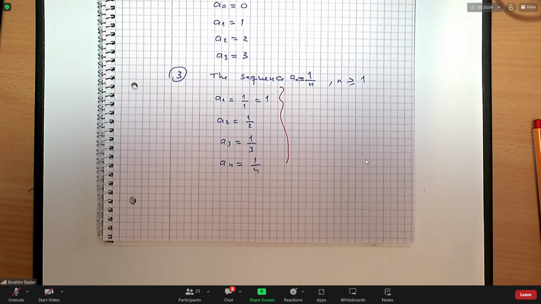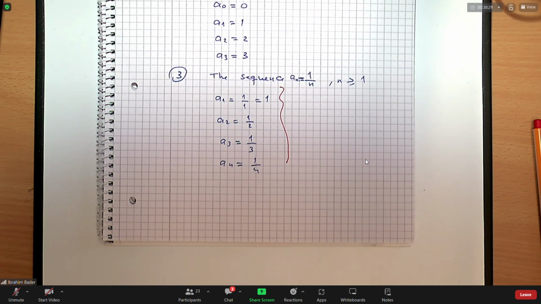As you see here, 1, then 1/2 is 0.5, right? 1/3 is 0.334, let's say. 1/4 is 0.25. 1 over 5 is 0.2. So as n increases, this number decreases.